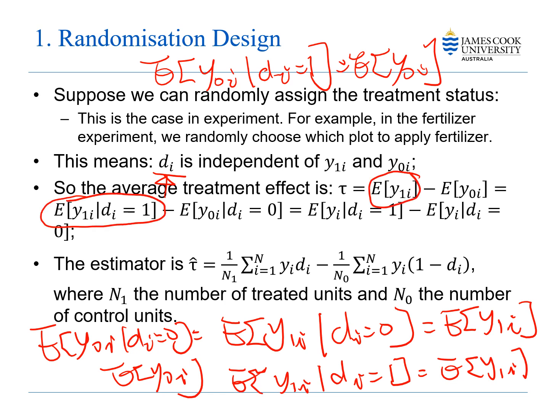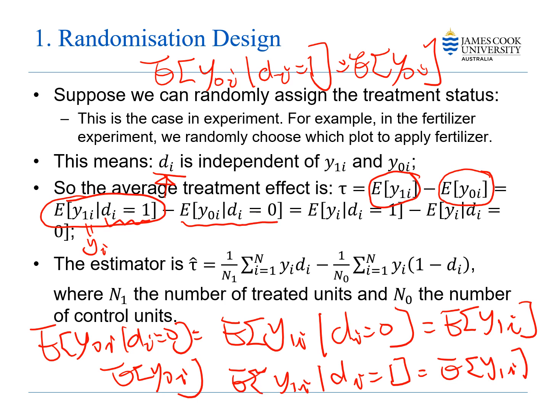Why do we want to do so? Because if di is equal to 1, we observe the potential outcome, which is the actual outcome. So conditional on di equal to 1, y1i is actually equal to yi because we observe this outcome. Similarly, we replace this expected value of y0i by this conditional expectation. And why do so?